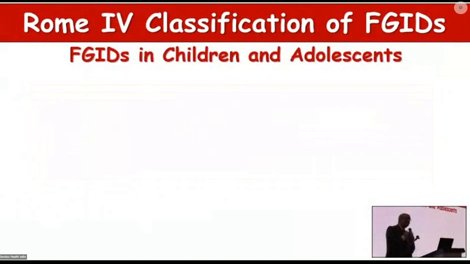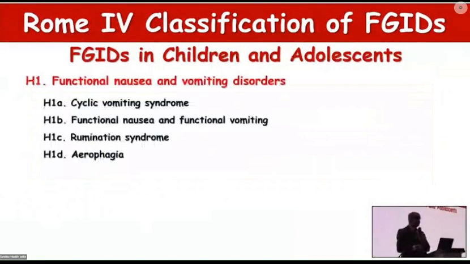In children and adolescents, we have 3 categories of functional gastrointestinal disorder. The first is functional nausea and vomiting disorders, which includes cyclic vomiting syndrome, functional nausea and functional vomiting, rumination syndrome, and aerophagia.